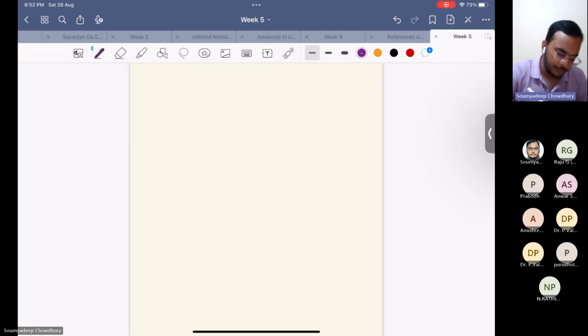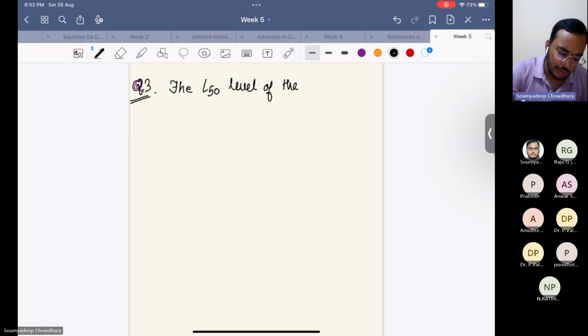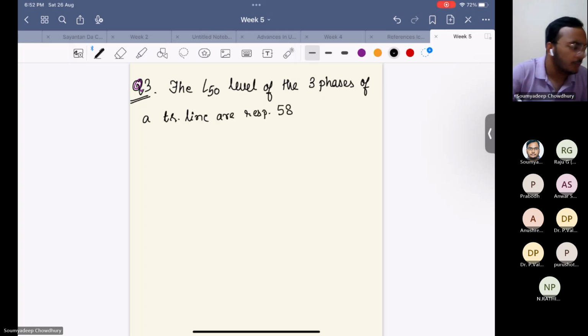So the first question regarding this will be question number 3. Please note down the question, everyone. The L50 level of the 3 phases of a transmission line are respectively 50 dB, 58 dB, and 52 dB.